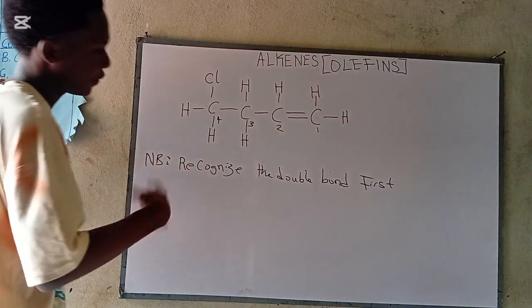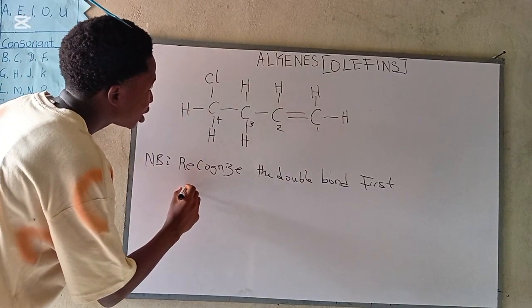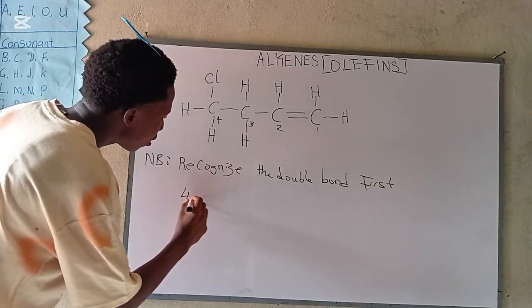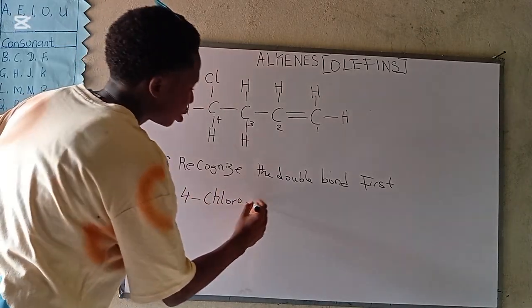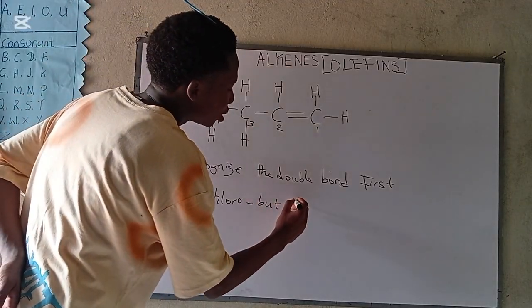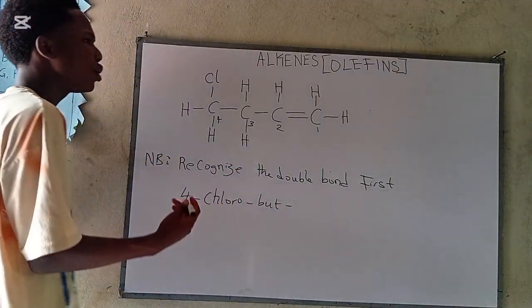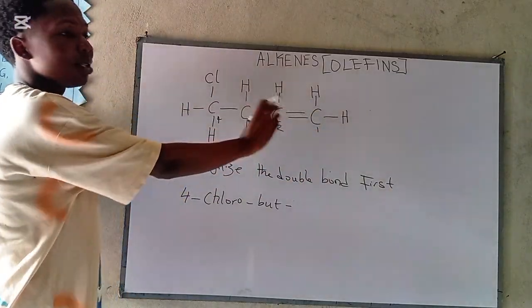So now what do we do? To name this compound is very, very simple. We first write from the position of the substituent, write 4 chloro what? But. Since it's 4 carbon, we put it but. Now the position of the double bond, you have to recognize it. 1, we meet the double bond.